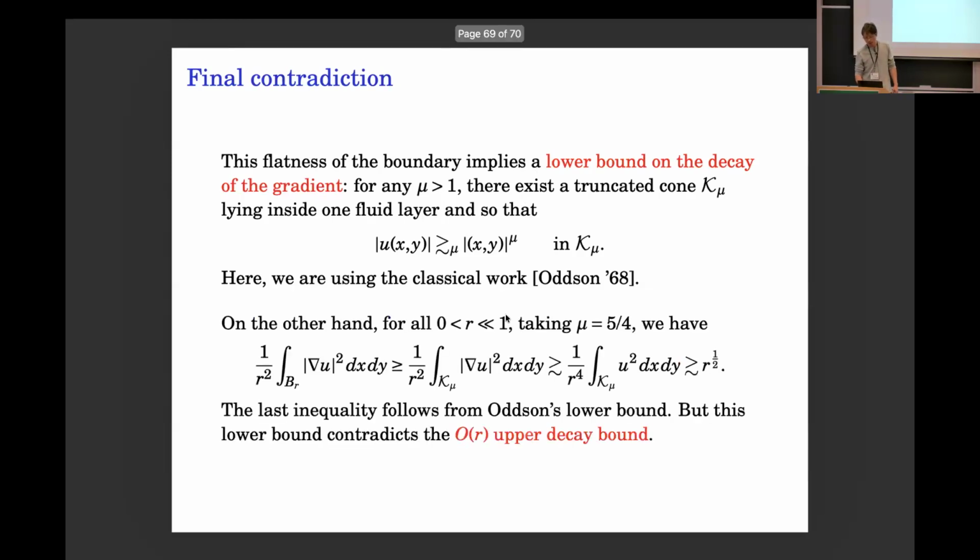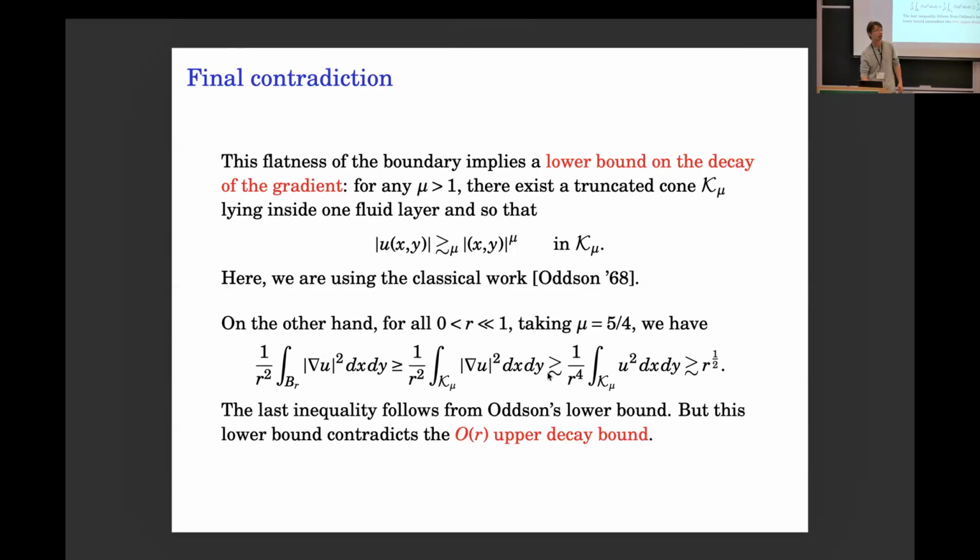So we have only one remaining case where things are flat, and when things are almost flat, you insert a cone with a wide enough angle and plug that into your average gradient calculation.